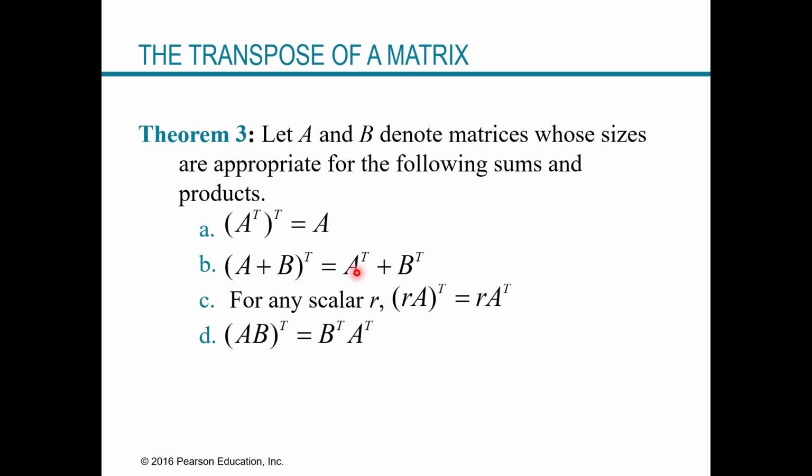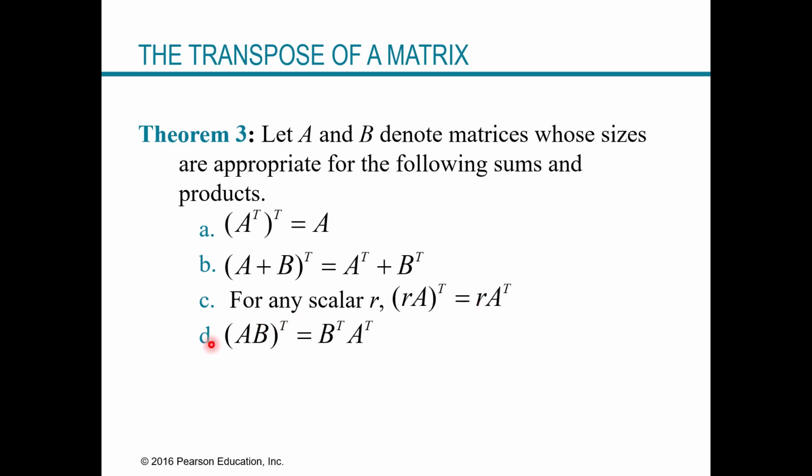You can transpose the individual matrices and then add those up, and you get the same answer. Letter C, if you have a scalar times your matrix and you transpose that, you can transpose your matrix first, switch the rows and columns, and then times it by your scalar, and you'll get the same result.